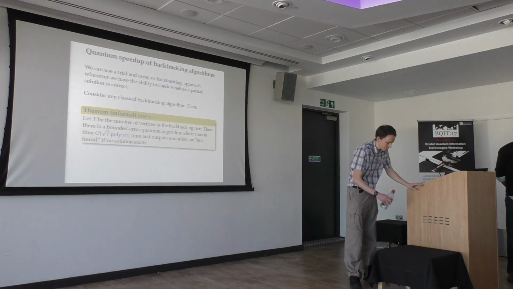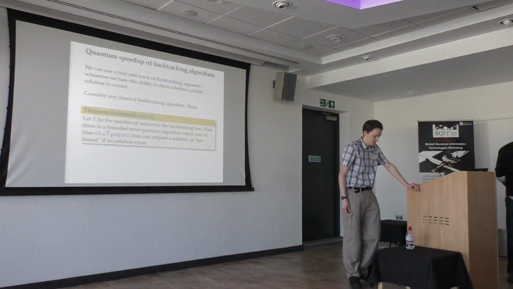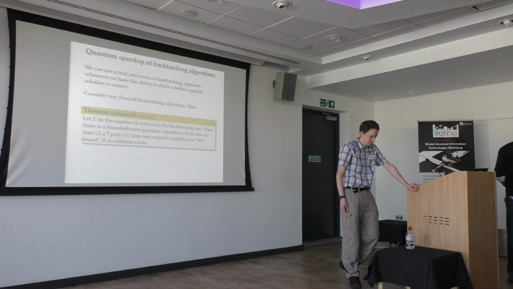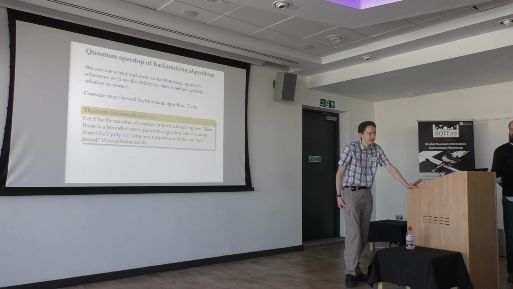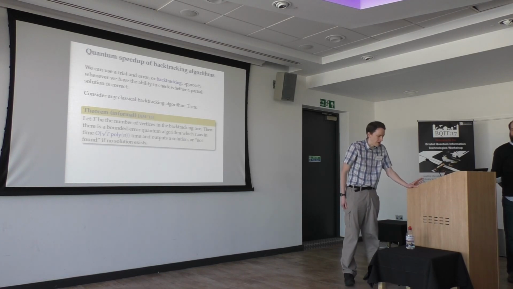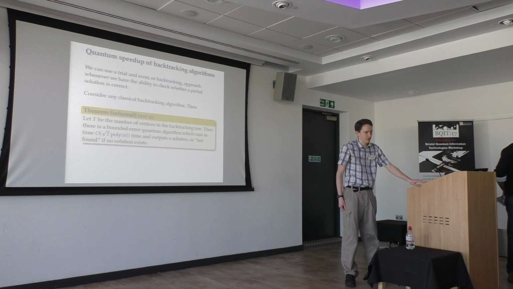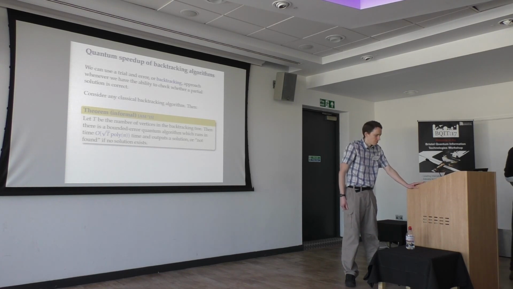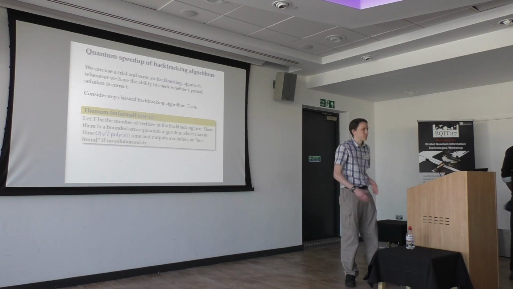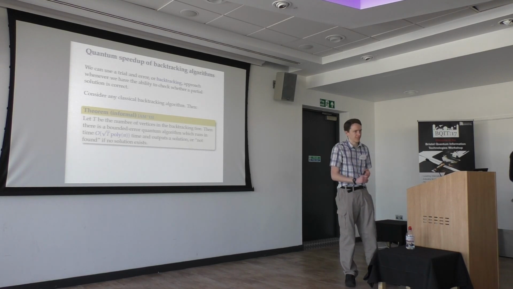Actually, are there opportunities for super polynomial speed up for some of the optimization, maybe special parts of the constraint satisfaction problem area? Well, it's a very good question. At present, it's fair to say that we don't really know, because often we can't prove lower bounds on the runtime of even classical algorithms, let alone quantum algorithms.